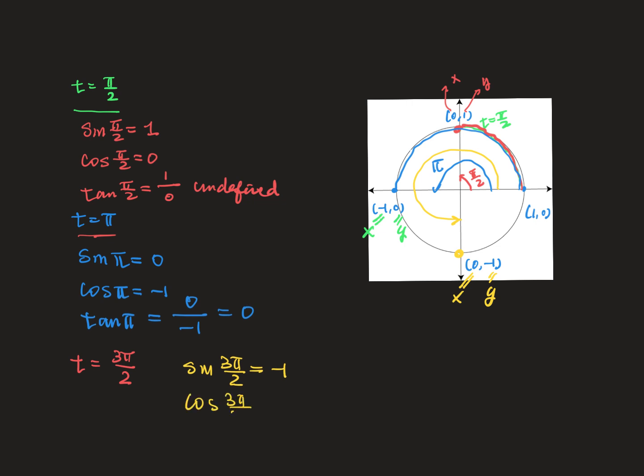Cosine 3 pi over 2 is 0. Tangent 3 pi over 2 is y over x, negative 1 over 0, undefined because the denominator is 0. That's how to define sine, cosine, tangent on the unit circle, guys.